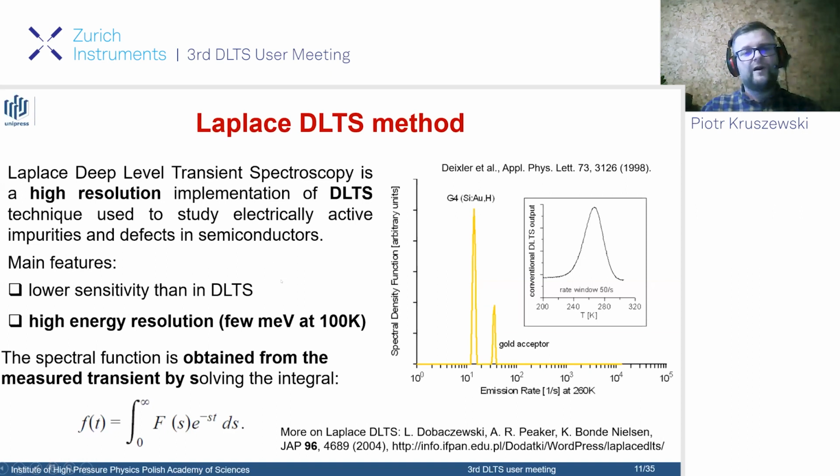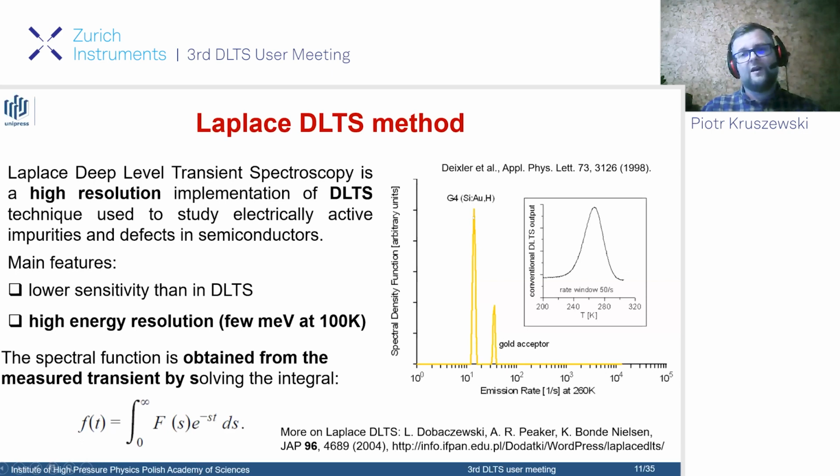The main feature compared to DLTS is lower sensitivity. So this is the problem in Laplace. However, it offers high energy resolution, which is even a few milli-electron volts at 100 Kelvin. Here you can see the picture which shows that the peak observable in conventional DLTS in reality consists of two different levels.